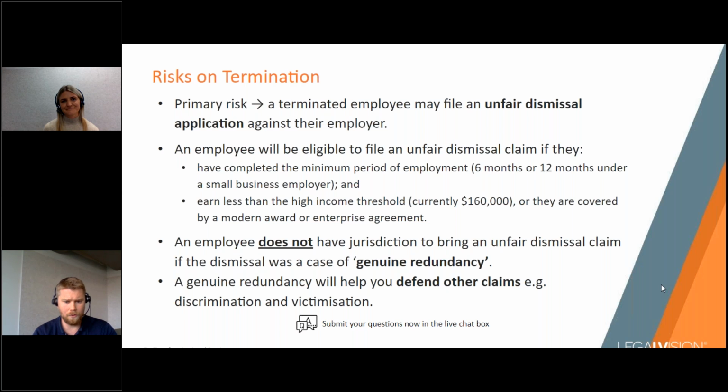So they have to be employed with you for either 6 or 12 months. So it's 12 months if you're a small business, which is a business with fewer than 15 employees, and 6 months if your business is any larger than that. So that's number one for the criteria. They also have to earn less than the high income threshold. Now that amount changes 1 July every year, but it's currently 160,000.